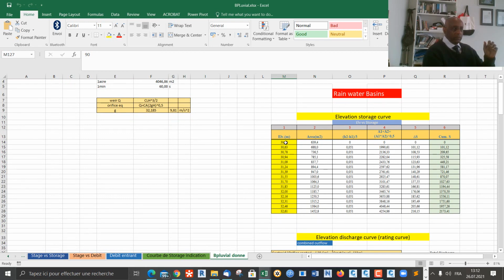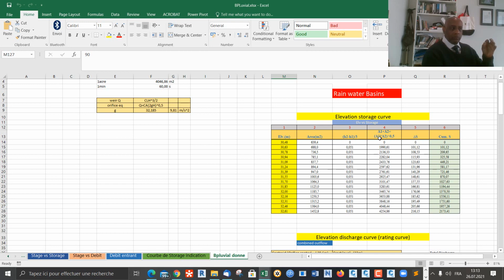These are the curves. You see the elevation is known from the contour and so on. The area is also known. It's very simple to calculate the area from ArcGIS or QGIS, and then we can calculate using the conic formula: elevation 2 minus elevation 1, divided by 3, times area 1 plus area 2 plus the square root of area 1 times area 2.